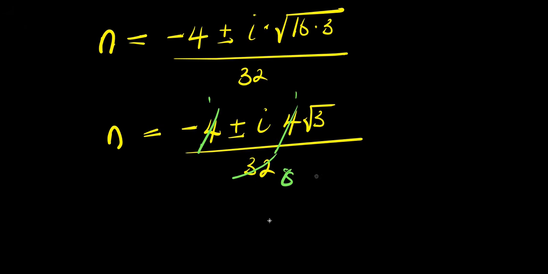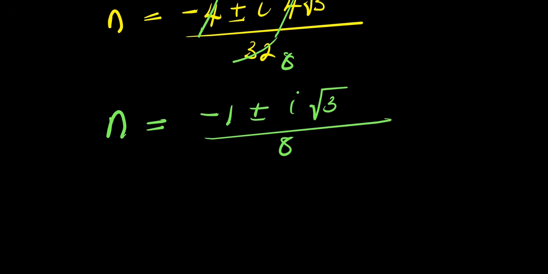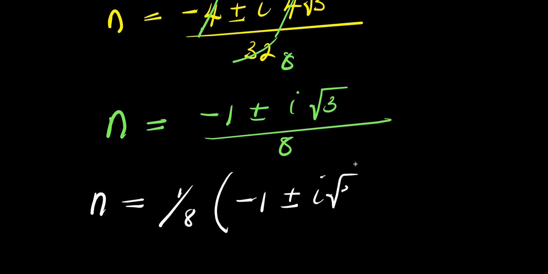I think it's 8. Okay, so from here we have n equals negative 1 plus or minus i times root 3 divided by 8. So we can factor out 1 over 8. We have n equals 1 over 8 of negative 1 plus or minus i root 3.